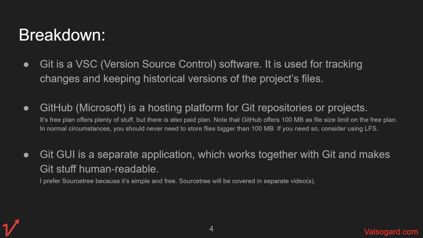Alright. GitHub, which is owned by Microsoft by the way, is a hosting platform for Git repositories or projects. GitHub's free plan offers plenty of stuff, but there is also a paid plan. Note that GitHub, as previously mentioned, offers 100 megabytes as the file size limit on its free plan.